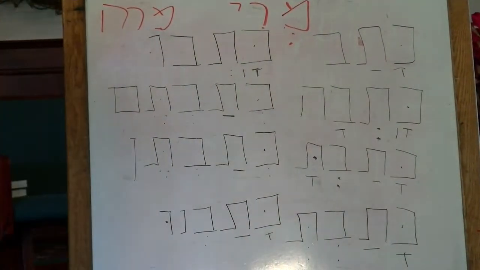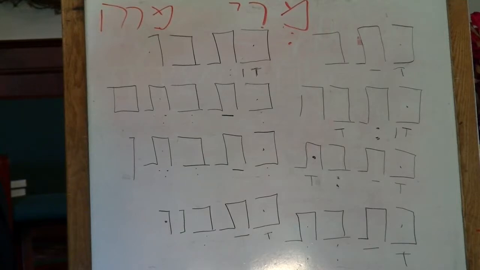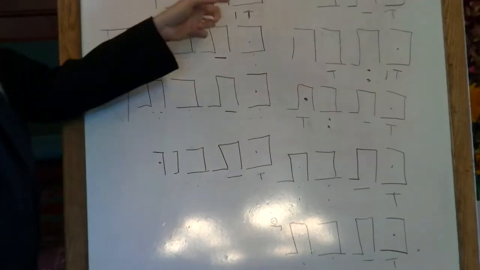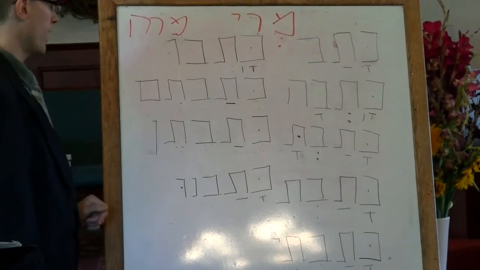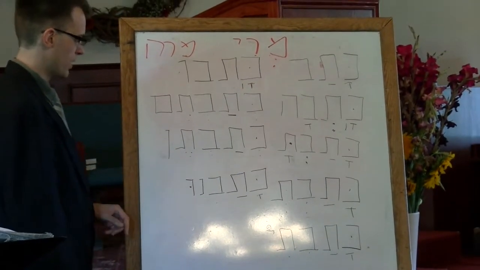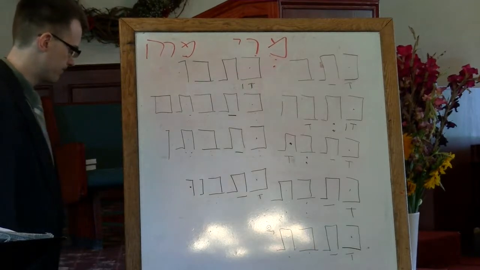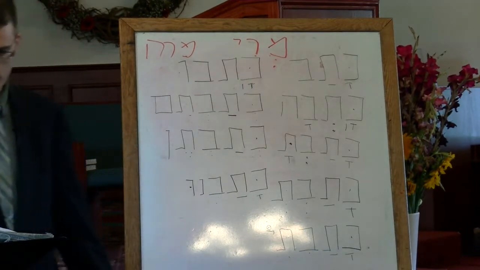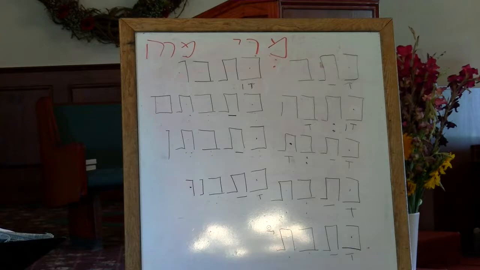Kothav, Kothavah, Kothavta, Kothavt, Kothavti, Kothavu, Kothavtem, Kothavten, Kothavnu. Good. Okay. Lesson 15.